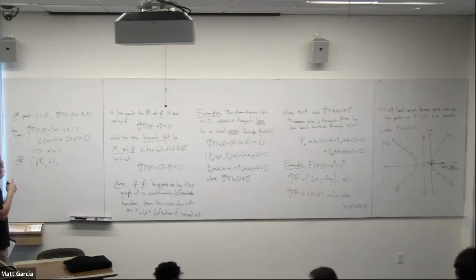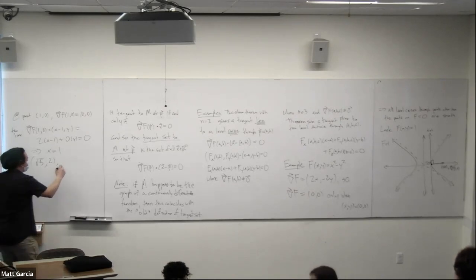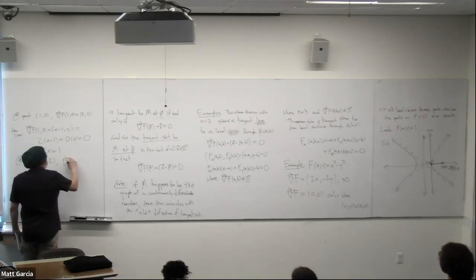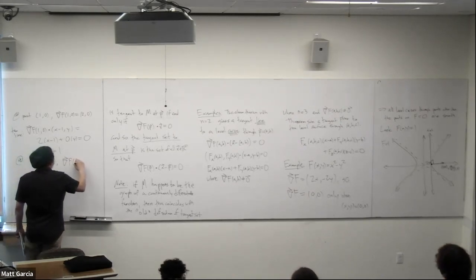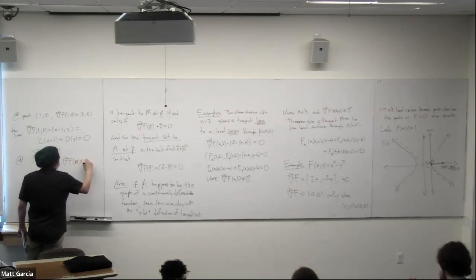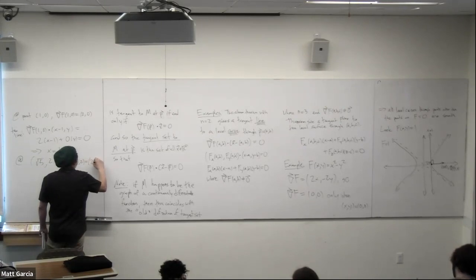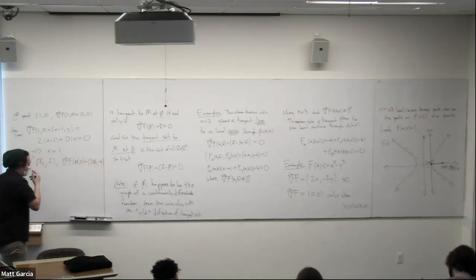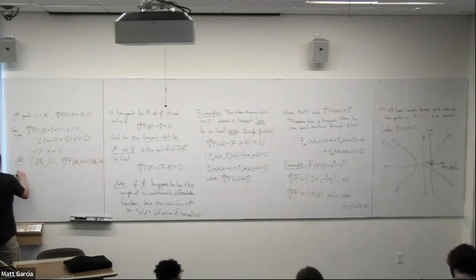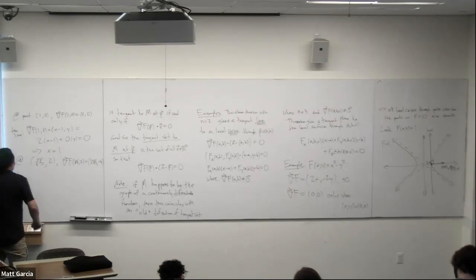Okay, good. What's the gradient of f evaluated at (root 5, 2)? Well, you just get (2 root 5, negative 4). Okay, so then we get the tangent line as follows.